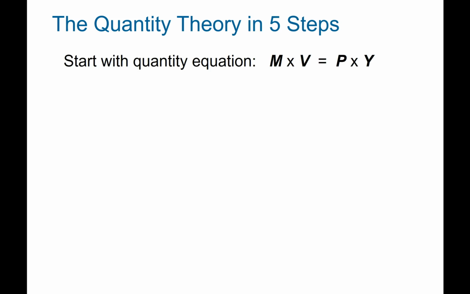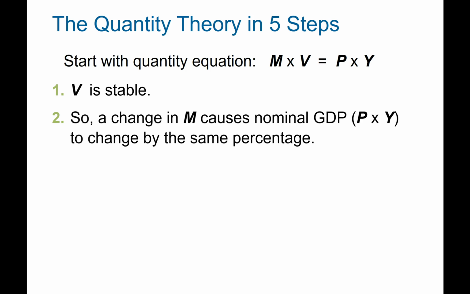And the quantity theory is this quantity equation, and we'll explain it in 5 steps here. So let's start with that quantity equation. Hopefully you're comfortable with where it came from. So let's assume that velocity is stable. We showed that graphically, that over time it's proven to be a very stable measure.